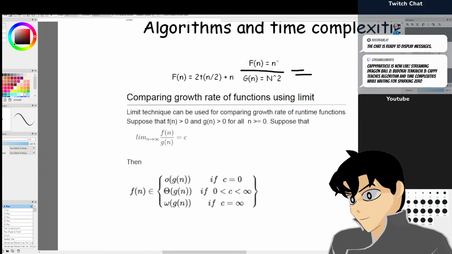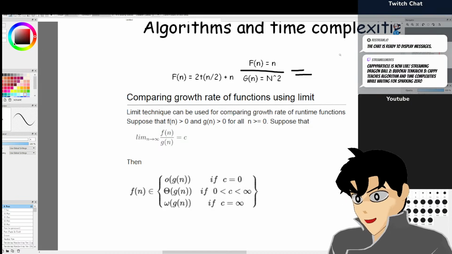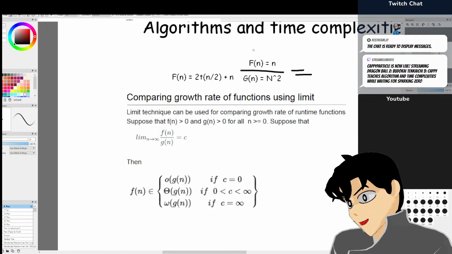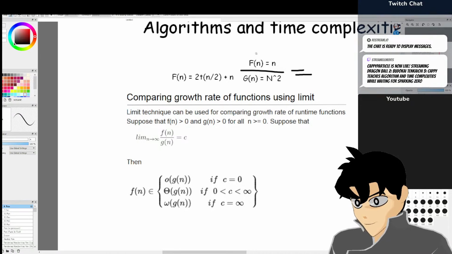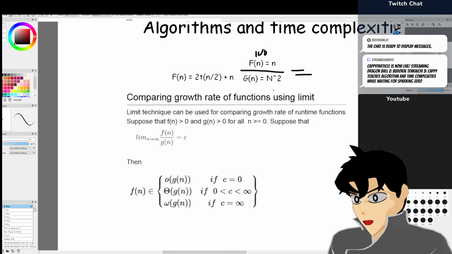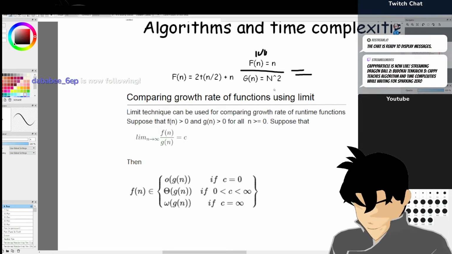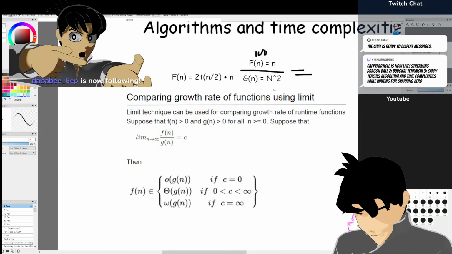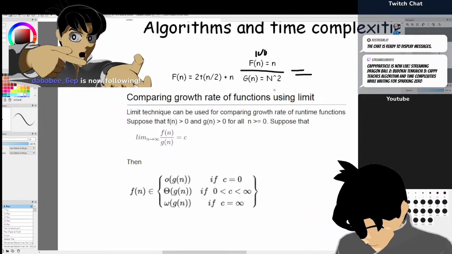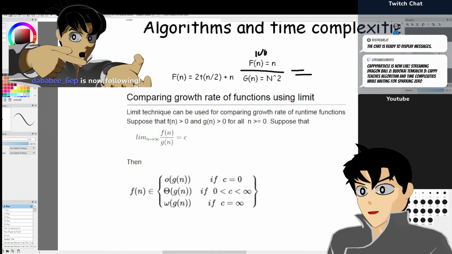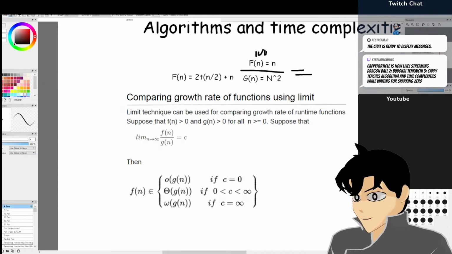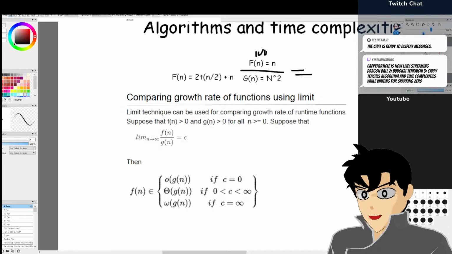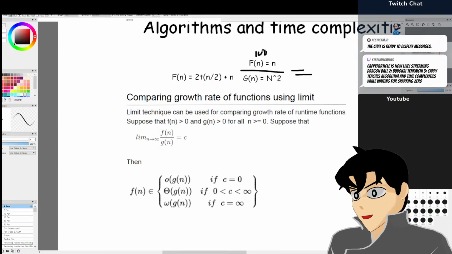If you wanted a bit of help with that, you could always just use actual numbers. So you just go like 100. What's 100 squared? That's like 10,000. Yeah, 100 times 100 is 10,000.